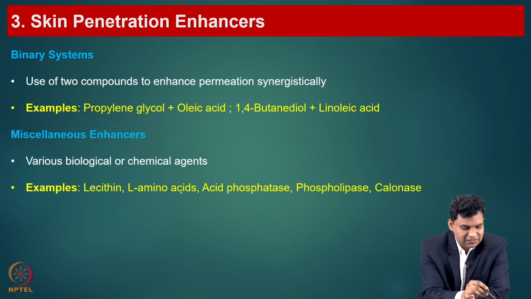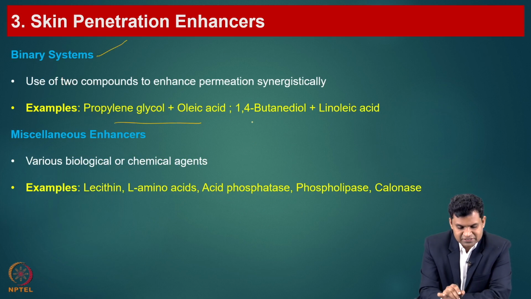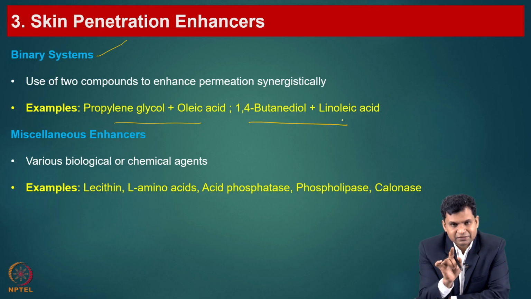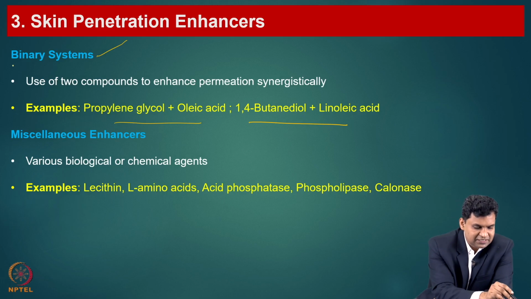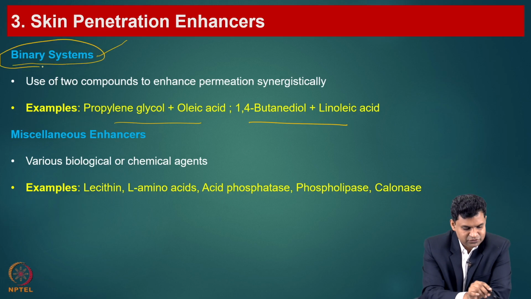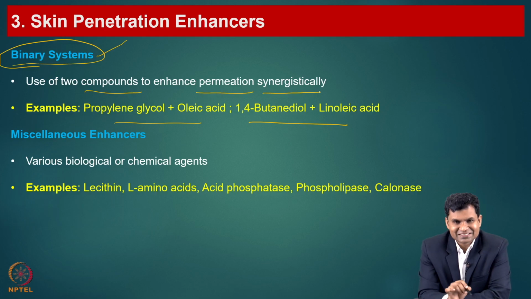Now, here you can see the binary systems. Here we use two components. When you use a single component such as propylene glycol, the effect is very small. When you use combinations, it shows a synergistic effect. That is why it is considered a binary system: the use of two compounds to enhance permeation synergistically.